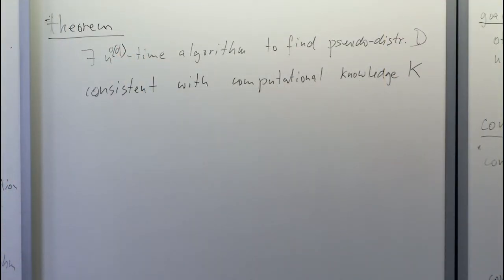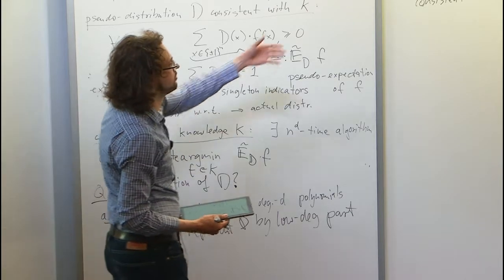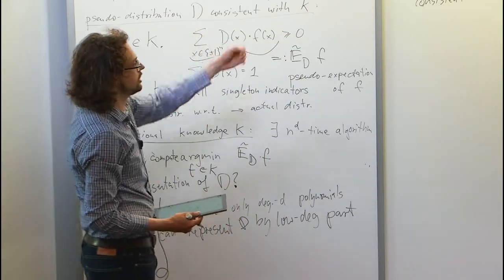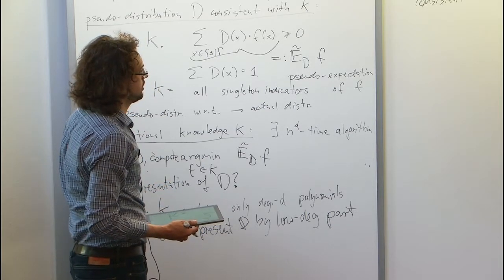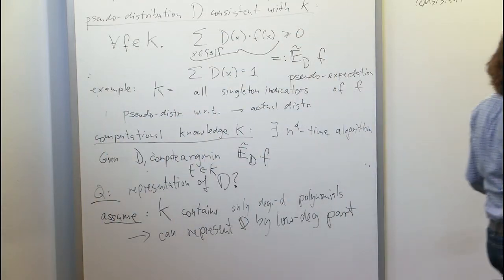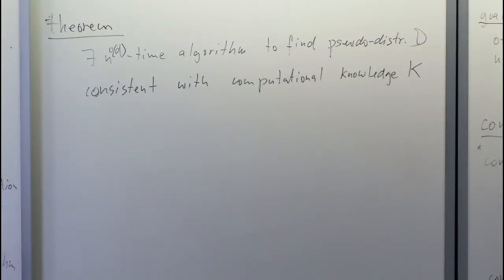This is really just the observation that the problem you have to solve here is a separation problem for the pseudo distributions, and therefore using the ellipsoid method or your other favorite convex optimization algorithm, you can find a pseudo distribution that is consistent with some computational knowledge.